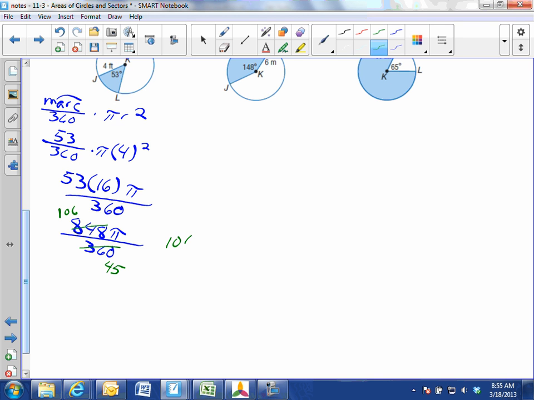So 106 over 45 pi. Can we reduce any further? I don't think you can. I think that's as far as that goes. That should be feet squared.